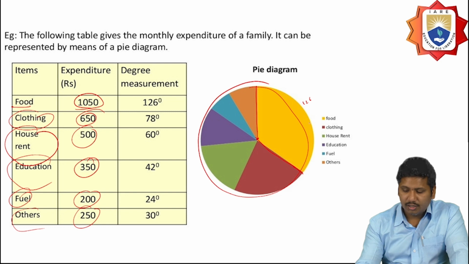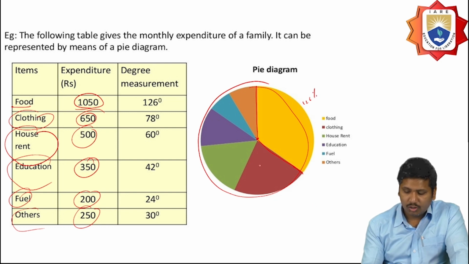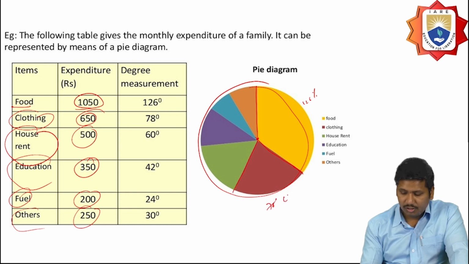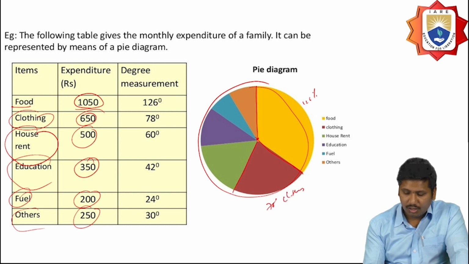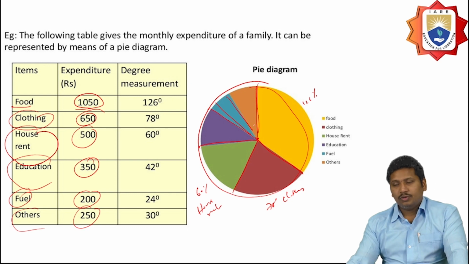Make use of a protractor and mark 126 degrees. Then the next one, clothing. Again, make it 78 degrees. This is for clothing. Then house rent, 60 degrees. Then education, fuel and others, like this. I can draw the pie diagram.